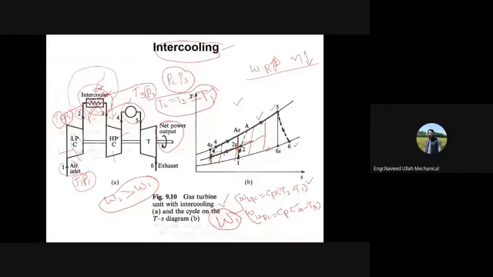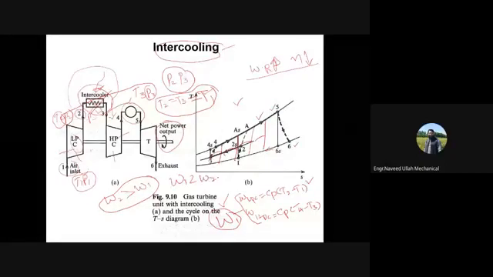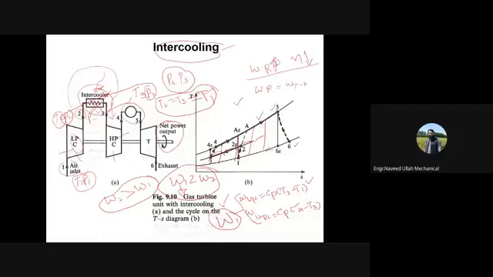So the same argument you can give, that the work consumed by both of the compressors in the process of intercooling is less than W2 without intercooler. This means you have reduced the work consumption of the compressor. The work ratio formula is the work of the turbine minus the work of the compressor, divided by the work of the turbine.